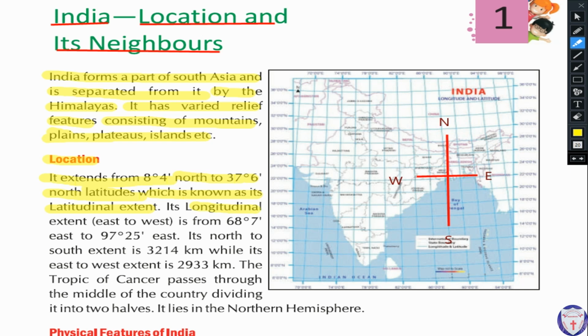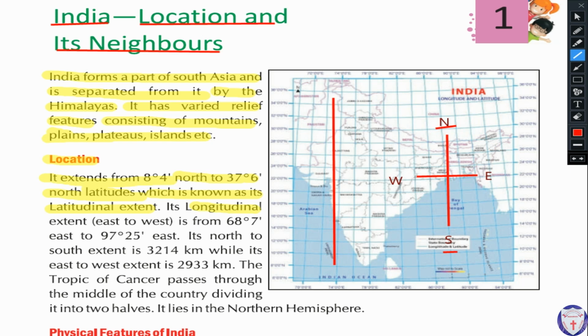Okay, so the vertical extent in our map is known as latitude. Vertical extension means the north to south direction.